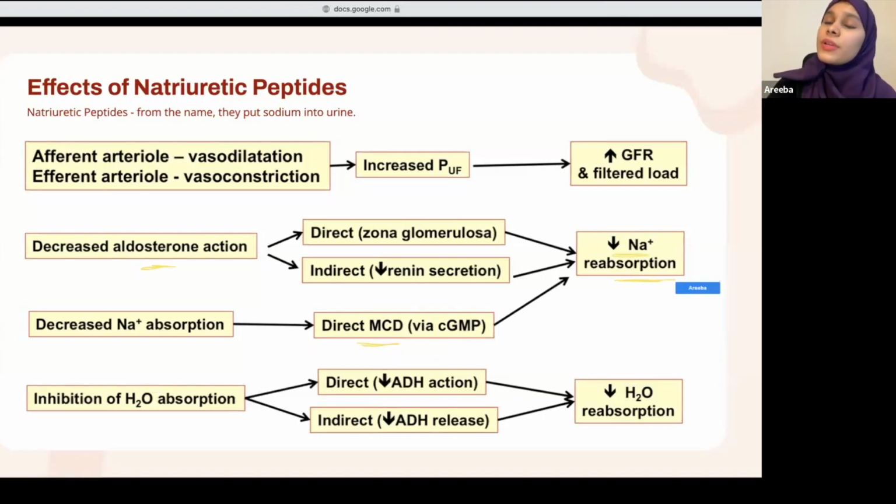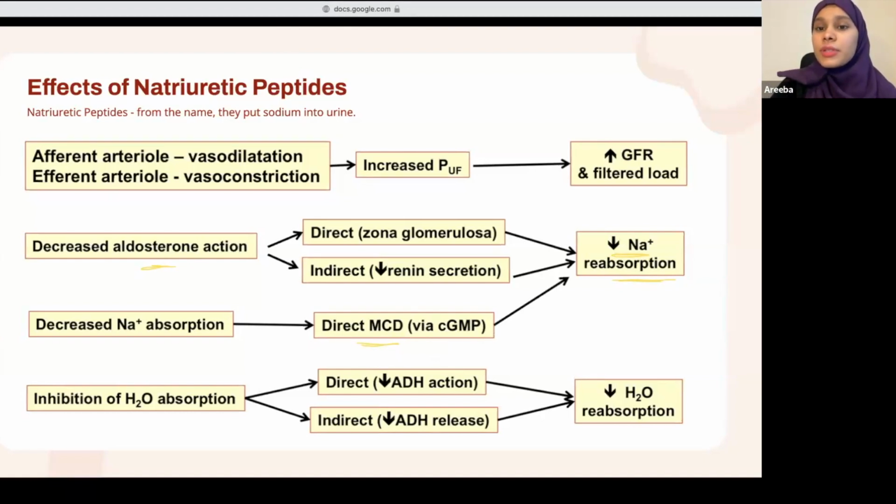If you are reabsorbing less sodium, you are effectively reabsorbing less water. So you can tell that these natriuretic peptides work when the blood pressure is higher, okay? Because you're trying to reduce the water volume, right? You reduce the Na reabsorption, you reduce water reabsorption, and effectively you're reducing the blood volume.